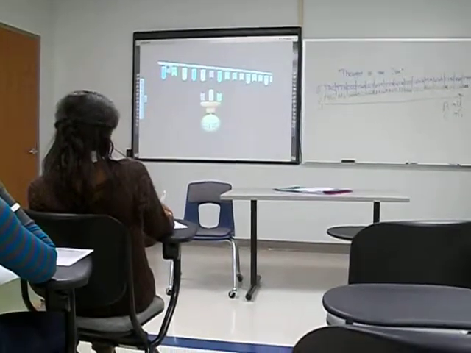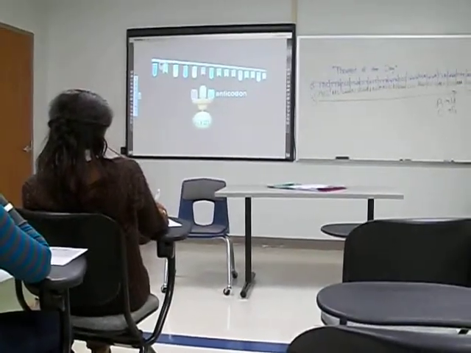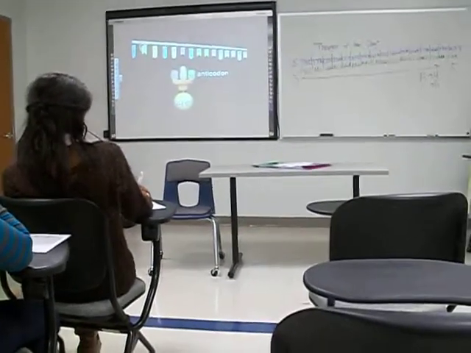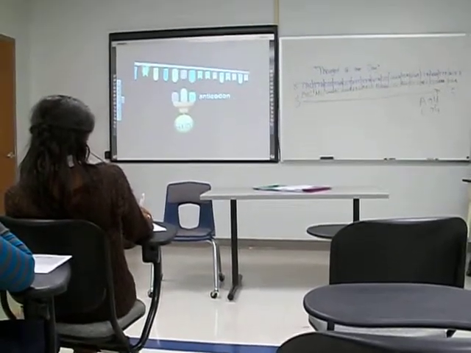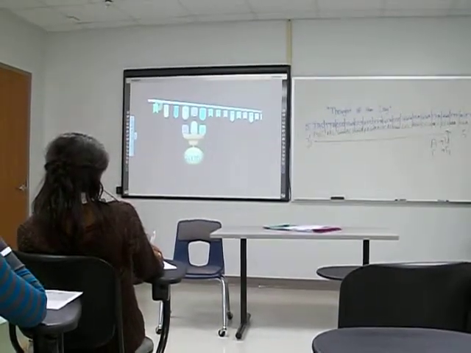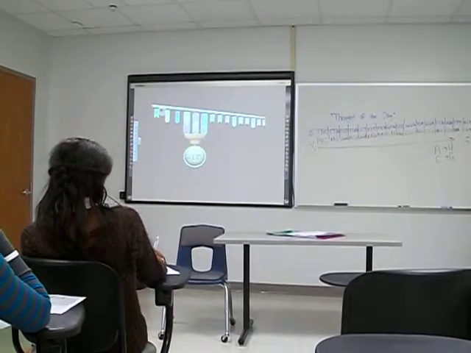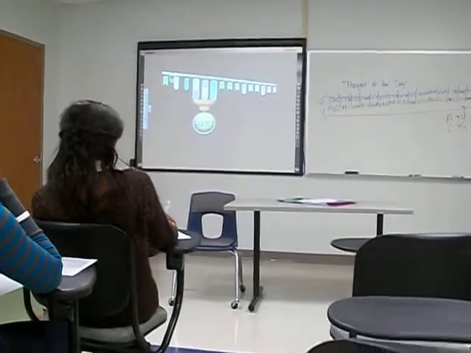One end of the adapter carries a particular triplet of bases called an anticodon. This matches up with a specific triplet codon on the messenger RNA. The other end of the transfer RNA is capable of binding to the unique amino acid corresponding to that anticodon.